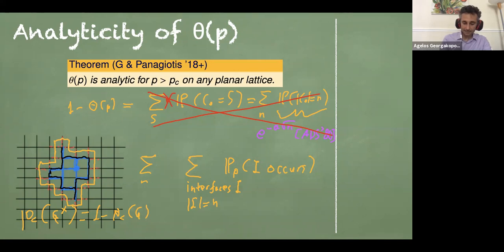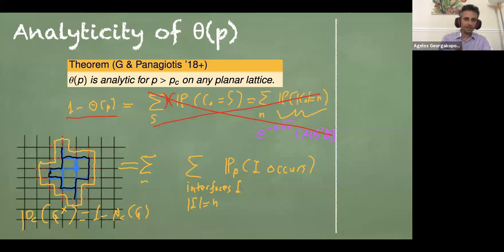So I can easily write an inequality here, like I had in the previous slide in Peierls' argument. But an inequality is not good enough for my purposes. I would like to write equality there in order to express my function as a series and do the complex analysis and so on. But do I have this equality? I don't, because it can happen that some interfaces occur simultaneously.